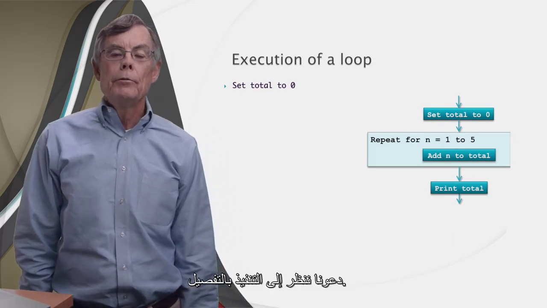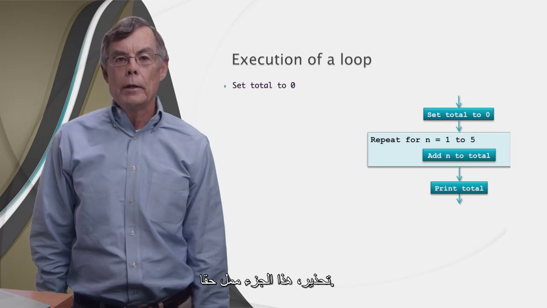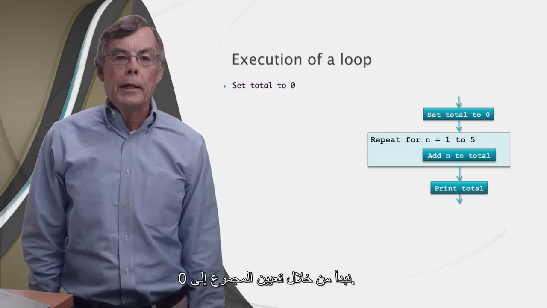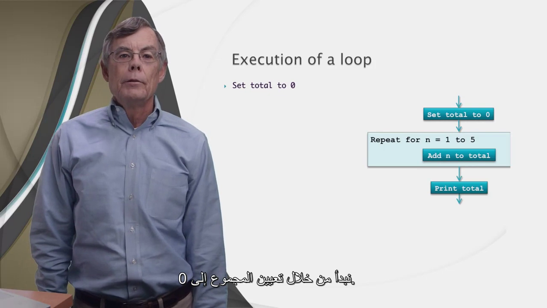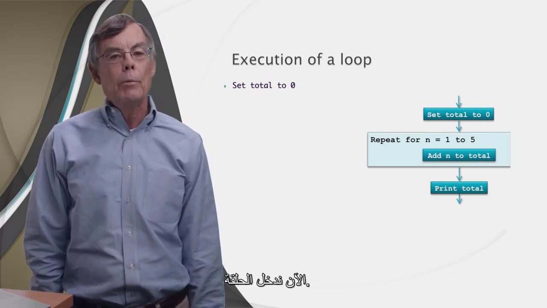Let's look at the execution in detail. Warning, this part is really boring. We start by setting total to 0. This step is called initialization, and it happens outside the loop. Now we enter the loop.